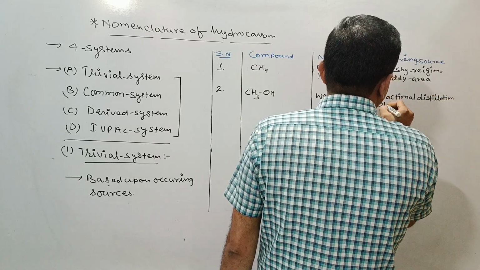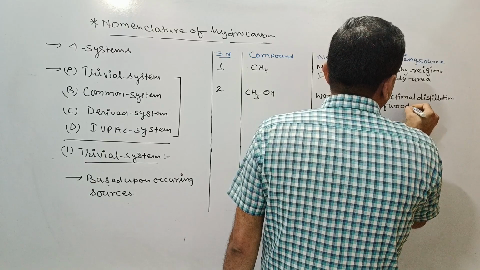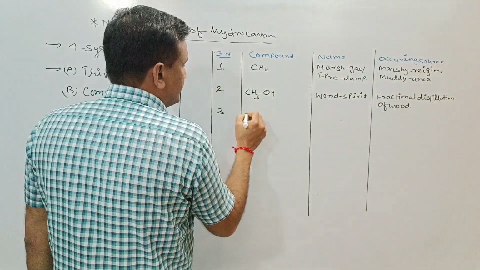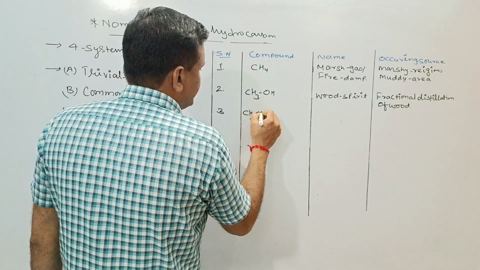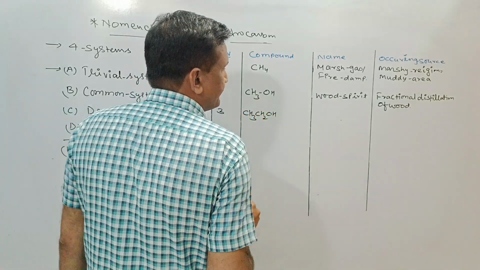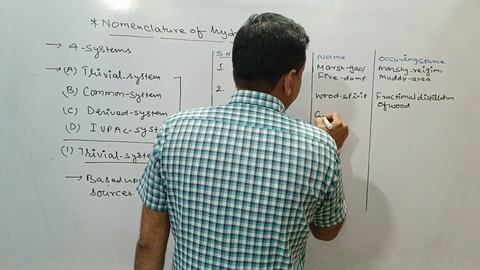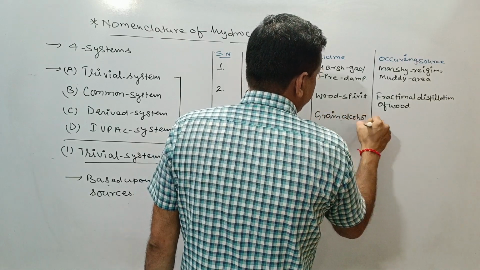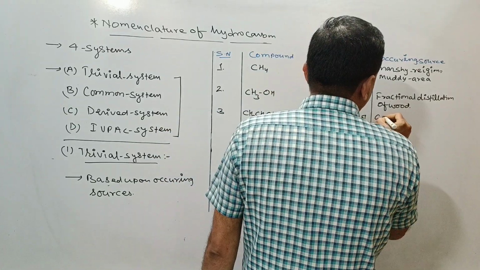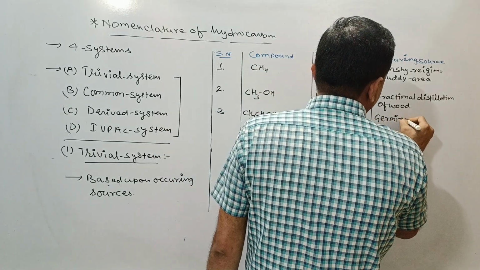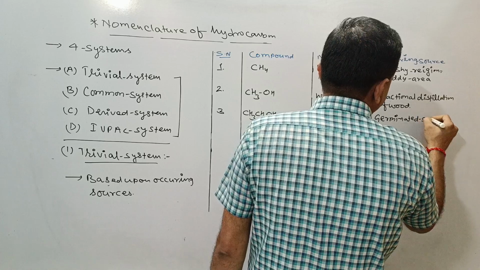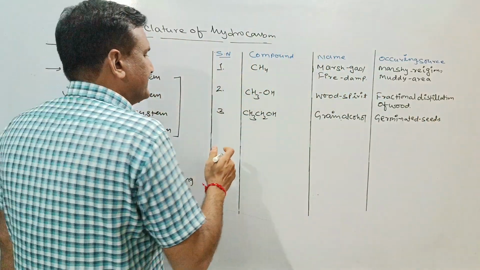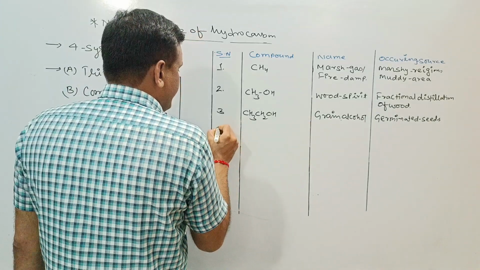Further, the third compound is your CH3CH2OH. It is called grain alcohol. It can be obtained from germinated seeds. We extract it from germinated seeds, that's why it is called grain alcohol.